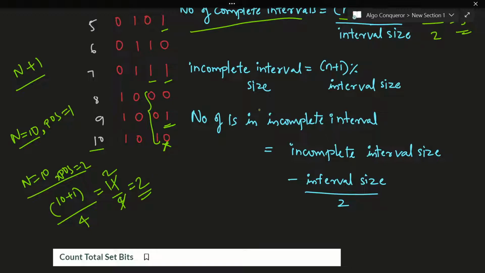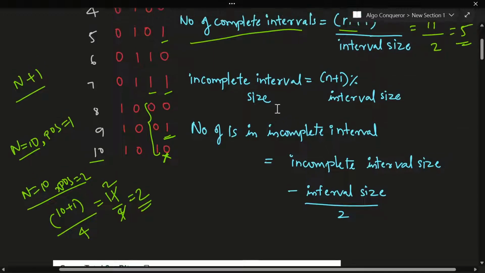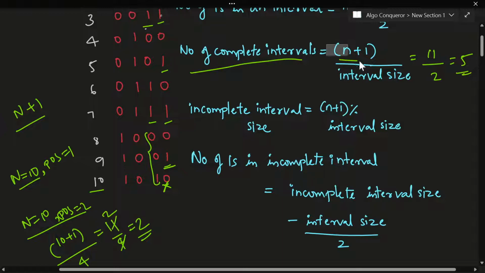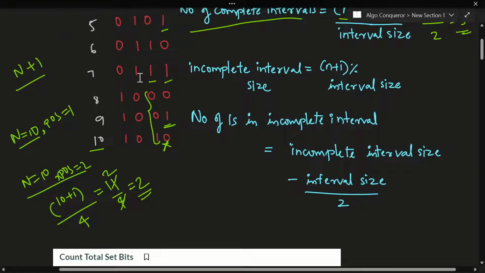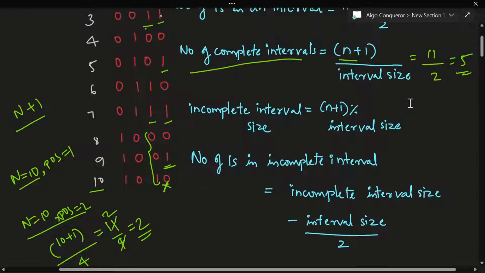So what will you do? The total numbers mod interval size will give you the remainder. In the earlier case, this was the quotient. Now we are getting the remainder, which is not complete. So that's the size of the incomplete interval, right?